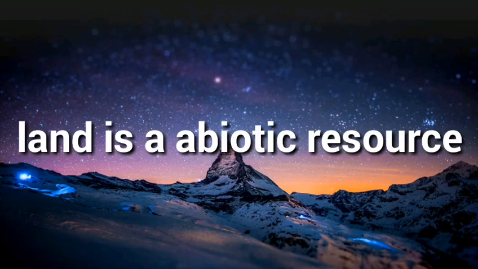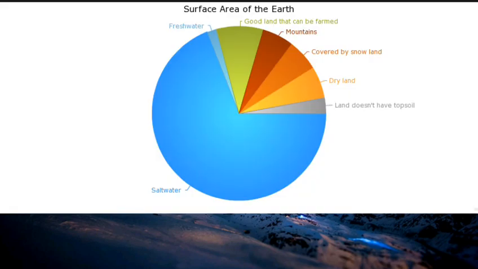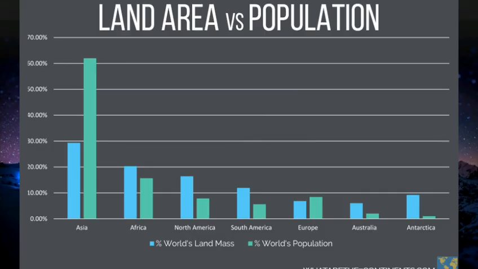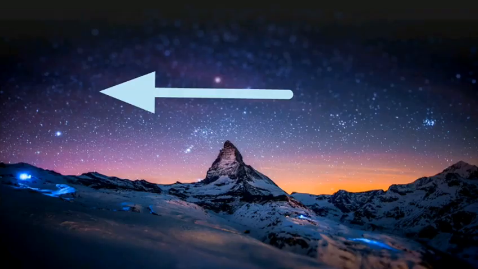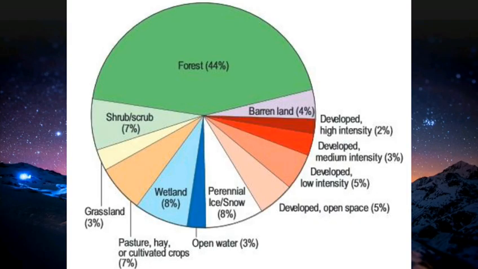Land is a resource which covers about 30% of the total area of the earth's surface, and 90% of the world population occupies only 30% of the land area. The remaining 70% of land is uninhabited.